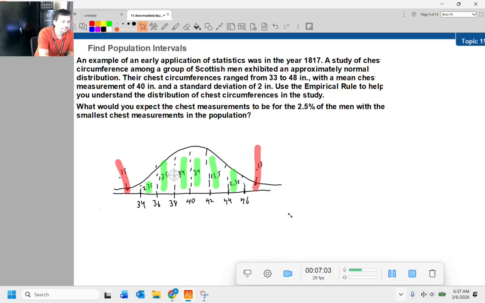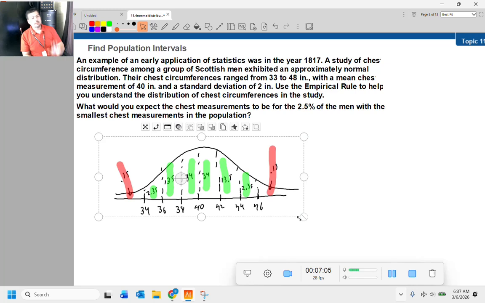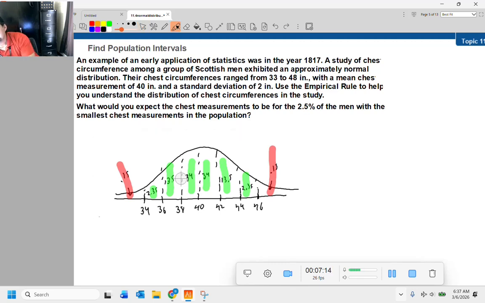All right, so same set of data, but here they're asking, what would you expect chest measurements to be for the 2.5% of men with the smallest chest? Of course, the issue that we see nowadays is number sense. Like the answer is staring right in front of you if you have any sense at all. Those two numbers right there make 2.5.